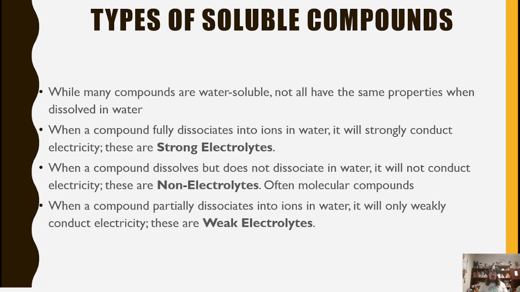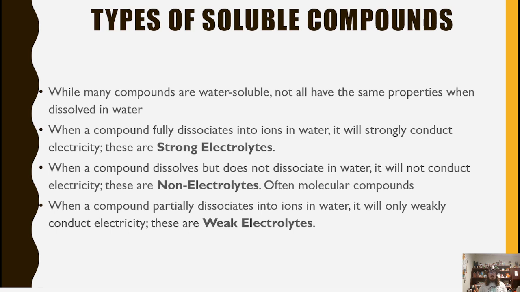Electrolyte simply means atom capable of conducting electricity. In this case, to conduct electricity, they must have charges. Charges for the electrons to bounce around off of. So when a compound fully dissociates into ions, it will strongly conduct electricity, and thus will be a strong electrolyte.